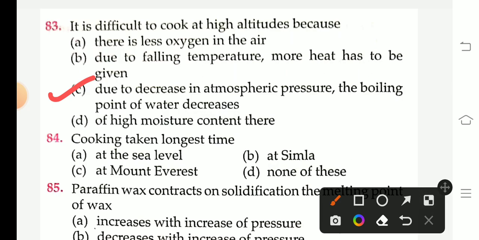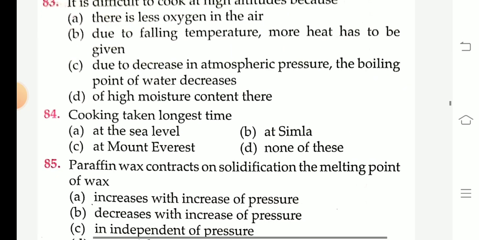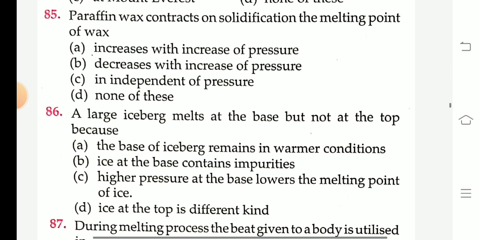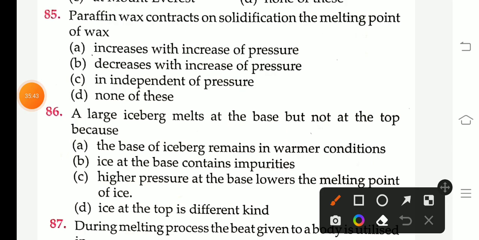Next, cooking takes the longest time. Right answer will be option C. At Mount Everest. Next, paraffin wax contracts on solidification, the melting point of wax.